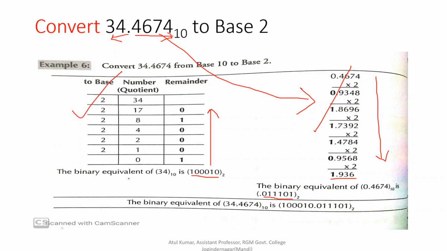After we get the results, we just combine these two like this: 1 0 0 0 1 0 point. After the point we write this result 0 1 1 1 0 1, and this is the complete binary equivalent for the decimal number 34.4674.